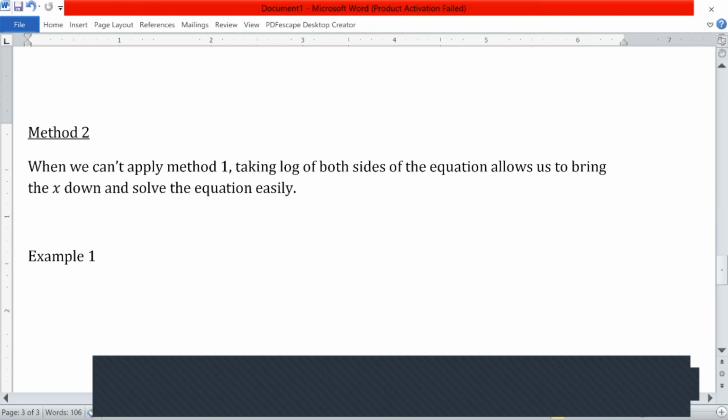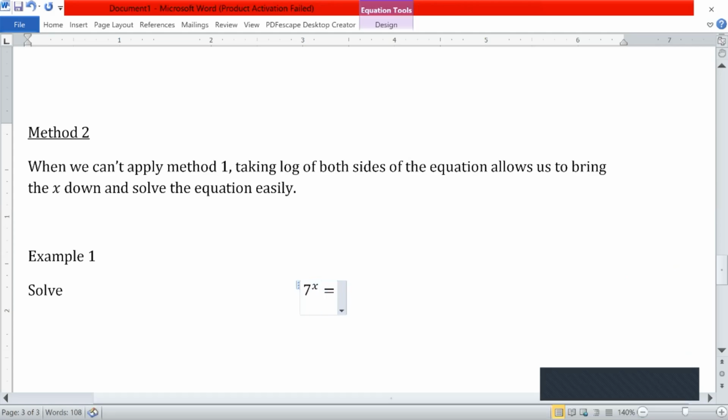Before that, you have solved. Here's the equation: 7 to the power of x is equal to 9. What you do is, let's take ln.